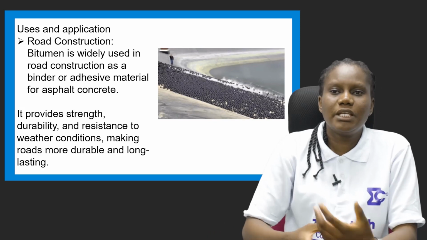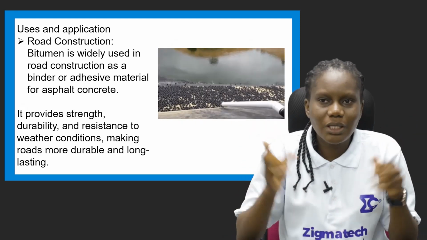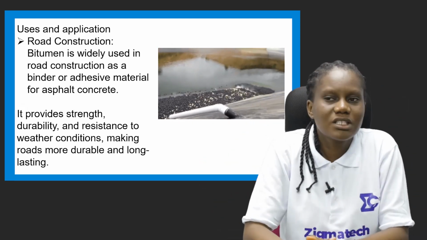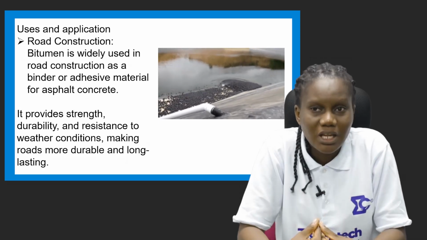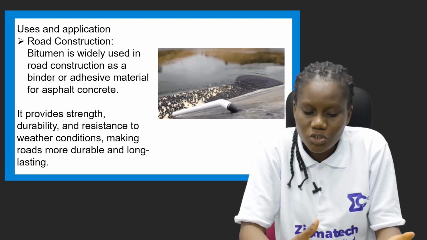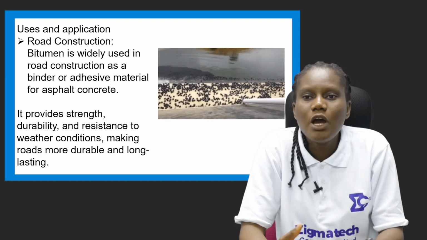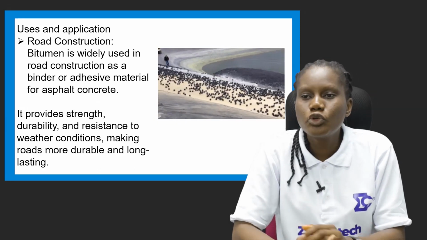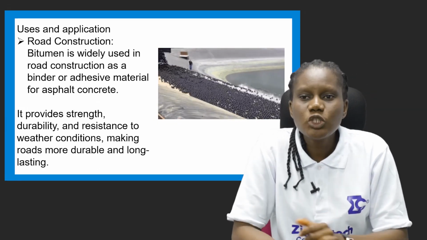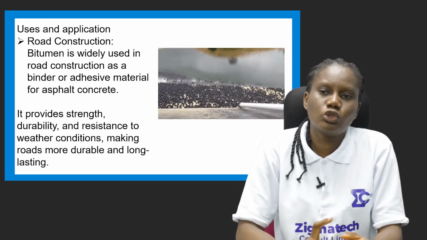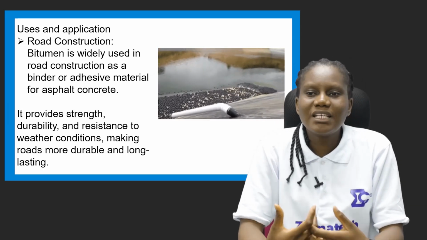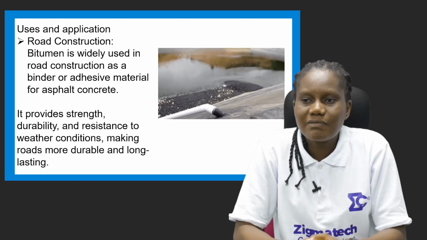So what are the uses and applications? I know the first thing that will ring in your head is road construction. Of course, yes, because that was our induction question: what is used in the production of our roads? Number one is road construction. Bitumen is widely used in road construction as a binder or adhesive material for asphalt concrete.